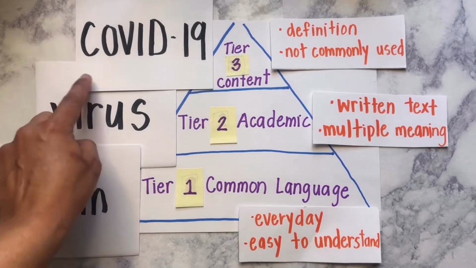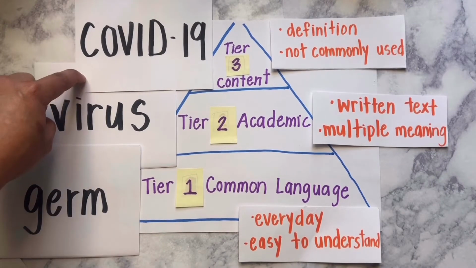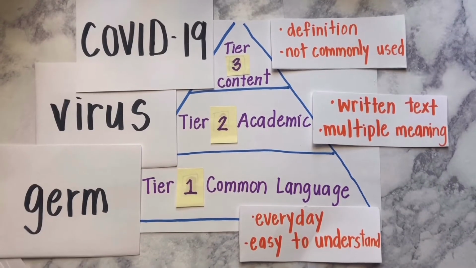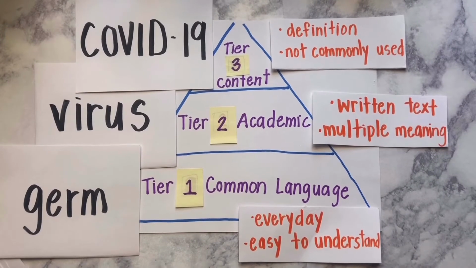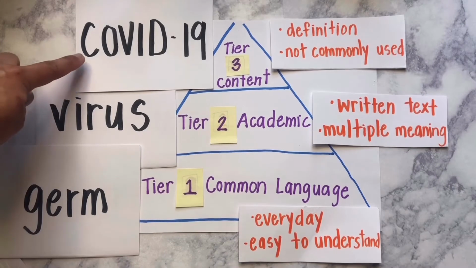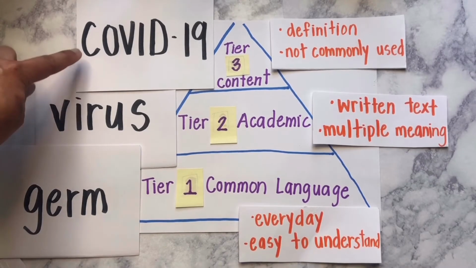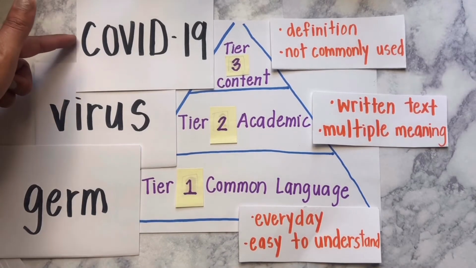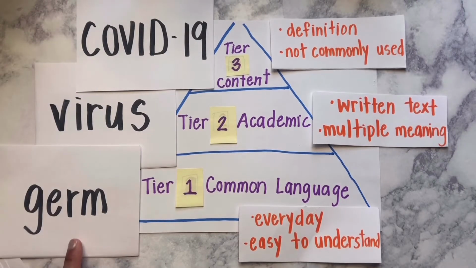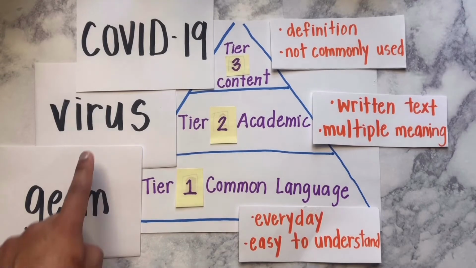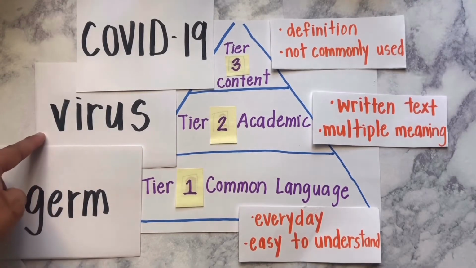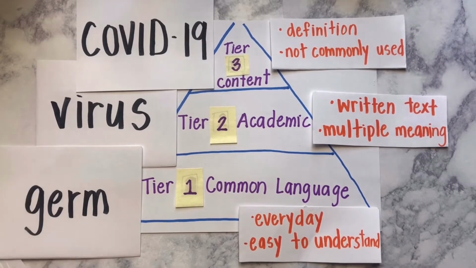That's a more specific medical term that would have to be better explained. A doctor would better explain, or someone in the medical field, what the COVID means exactly. A lot of us generally understand that there's germs and we have to be careful of. And then more specifically, as an academic word, we would use the word virus.